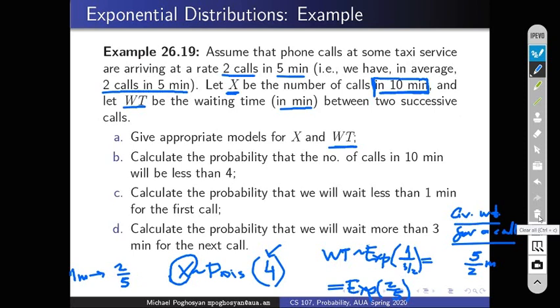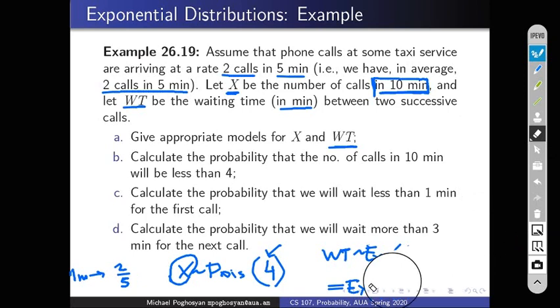Okay. Another way to explain this is the following. If I want to have my waiting time in minutes, let's have x in minutes. So x is Poisson, not x, but let me write x tilde.